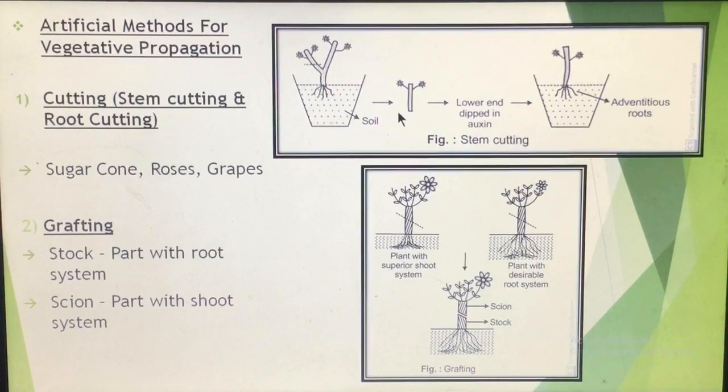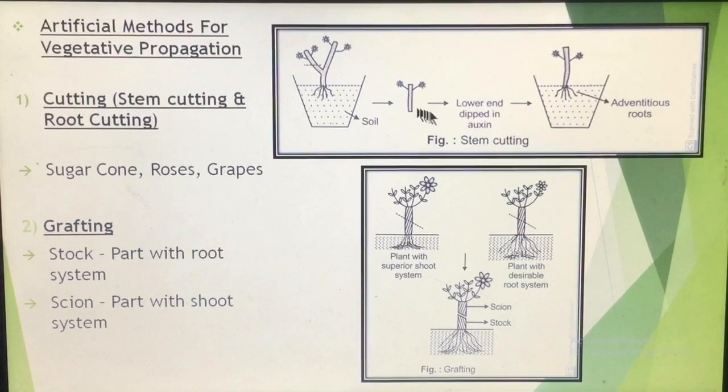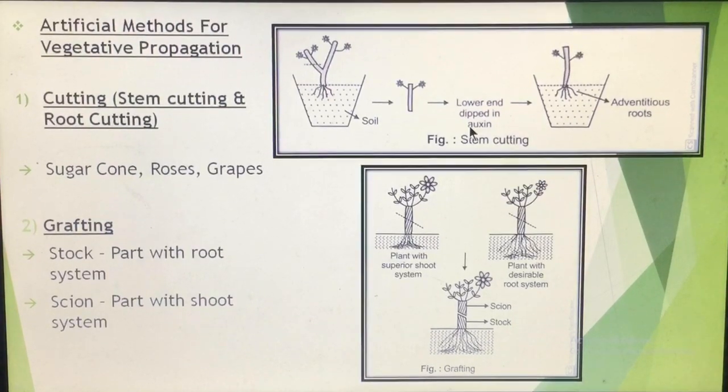The lower part of the stem is dipped in a plant hormone known as auxin. Why is this auxin applied on the lower part of the cut stem? Because auxin helps in the production of roots.